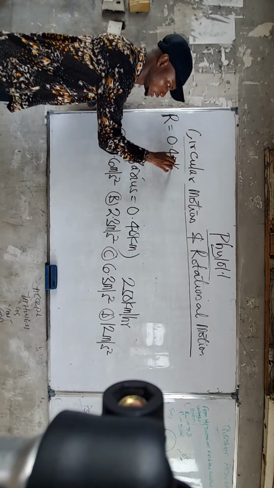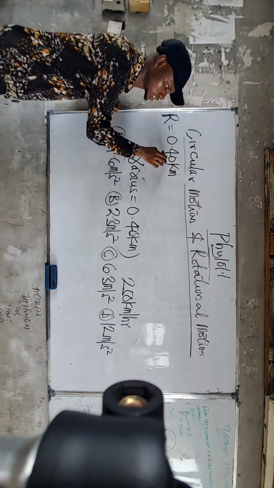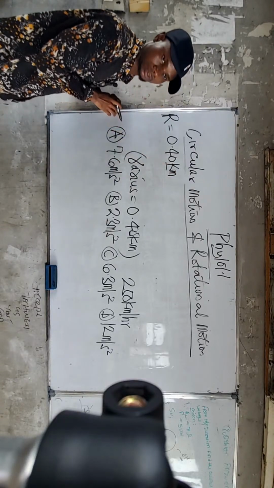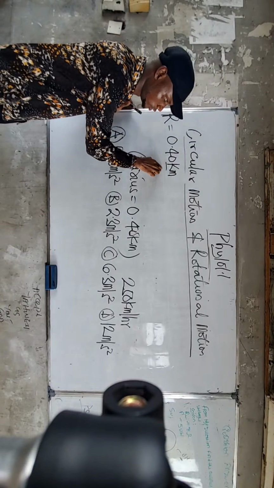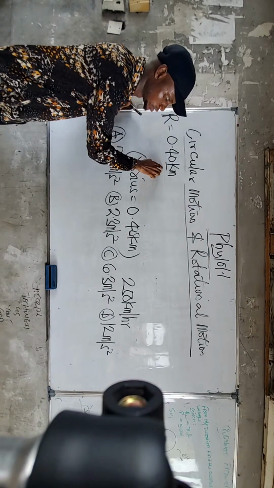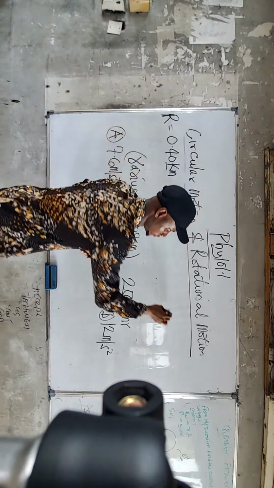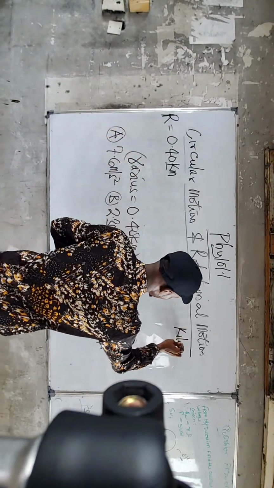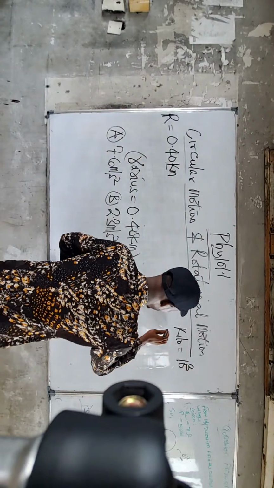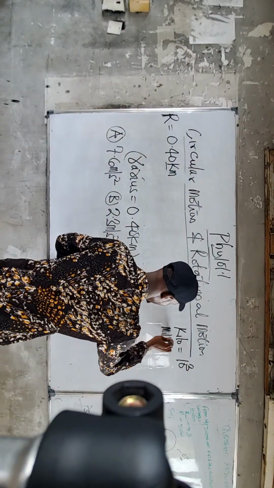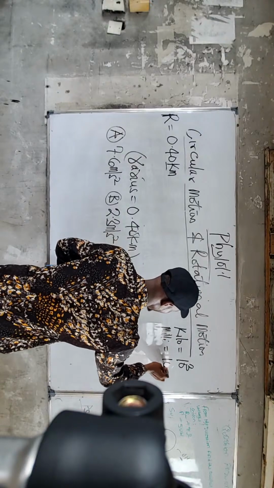So our radius here is 0.40 kilometer. Converting to meter, this kilo here is a prefix, and this prefix has a numerical value. Kilo is 10 raised to the power of 3. Milli is 10 raised to the power of minus 3.